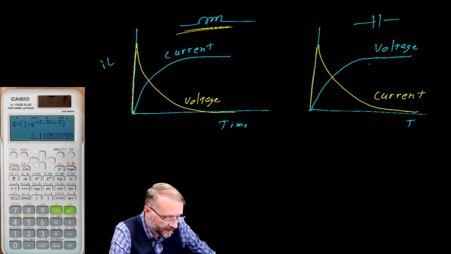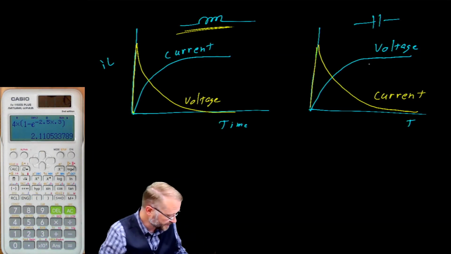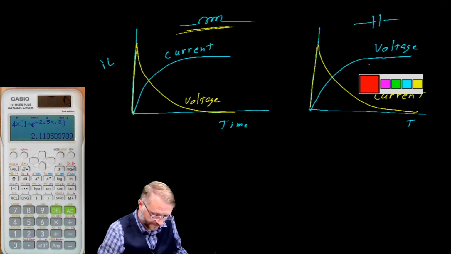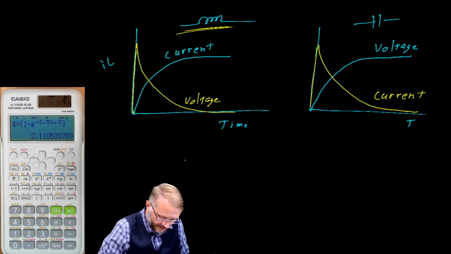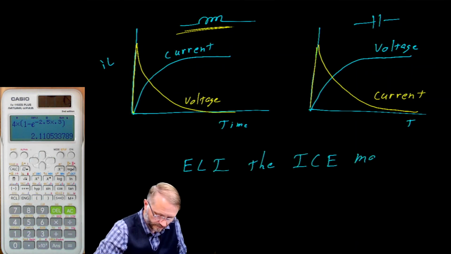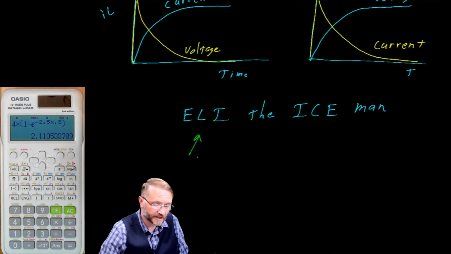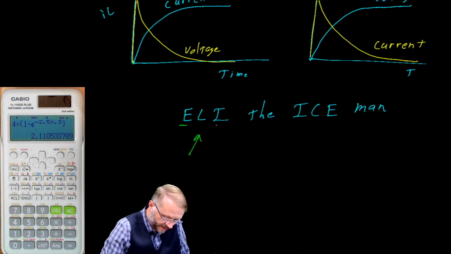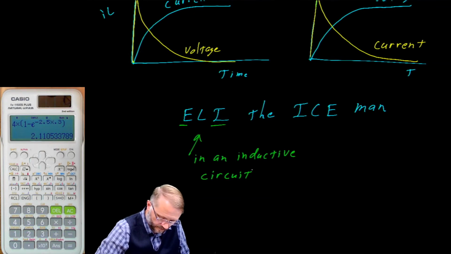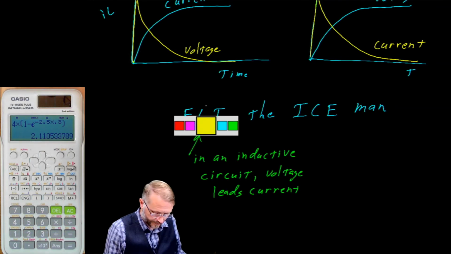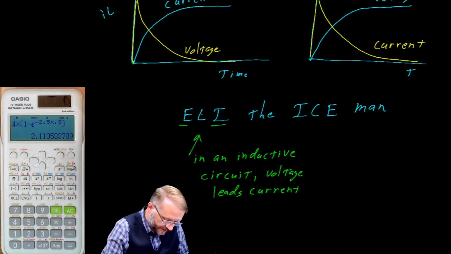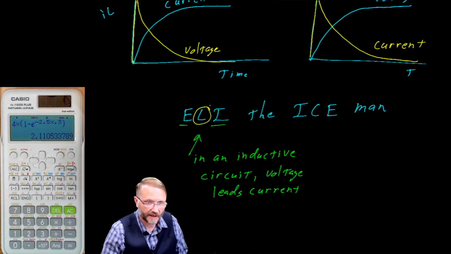We do have a mnemonic to remember that, and it goes like this. We talk about Eli the Iceman, which means that in an inductive circuit, voltage leads current. In an inductive circuit, that's what L stands for. L is for inductor.